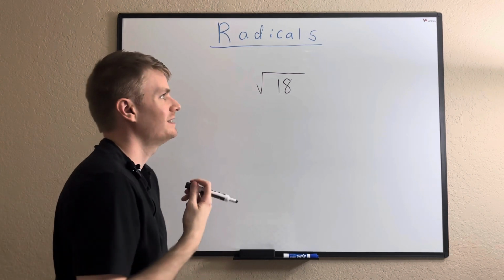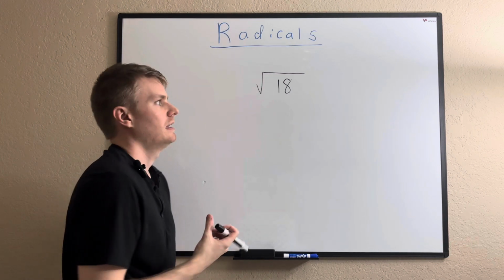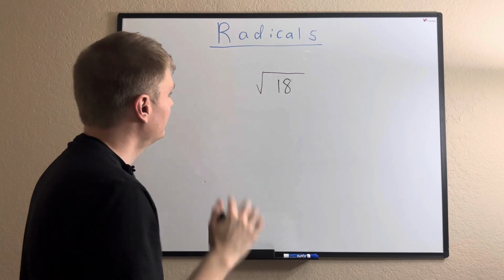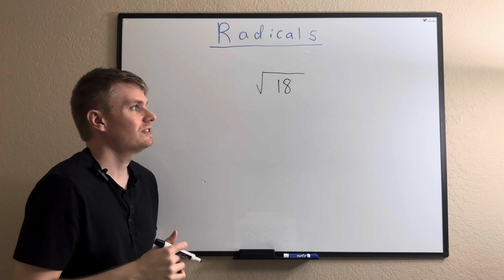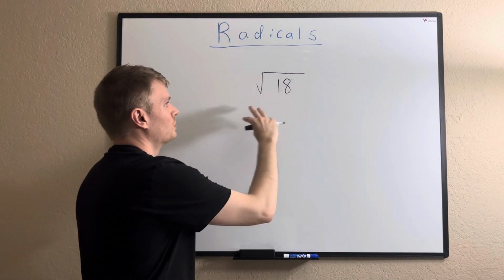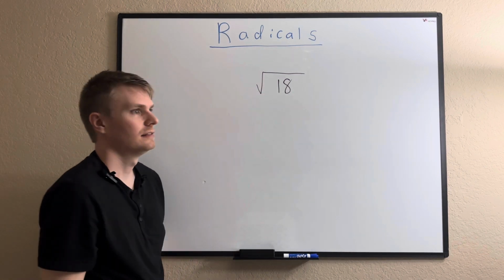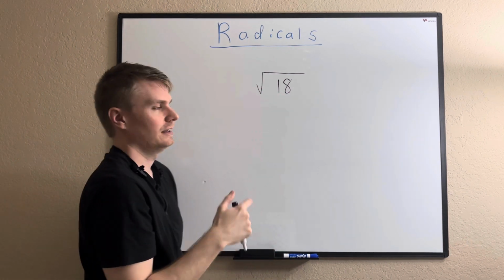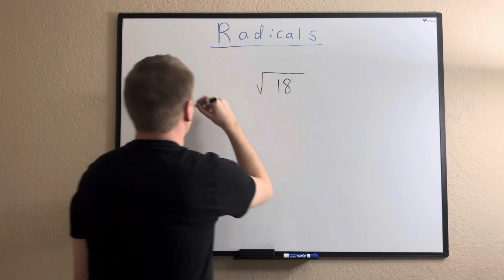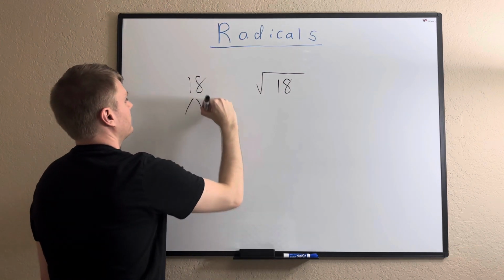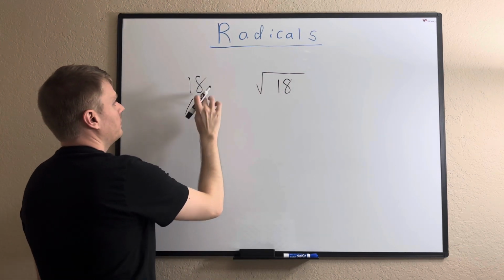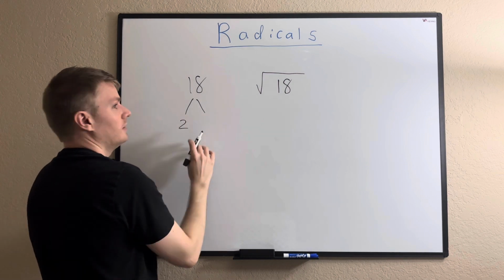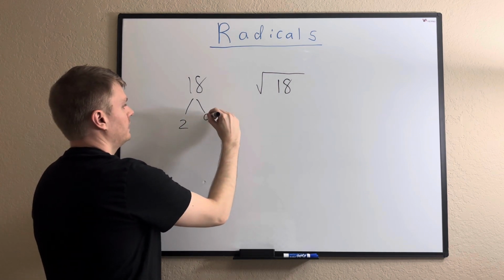We still have to simplify it. And to figure out if there's a perfect root somewhere in the factors of 18, the radicand, we need to factor the radicand. So 18 factored into, well, it's an even number, right? So we can divide it by 2. 18 divided by 2 is 2 times 9.